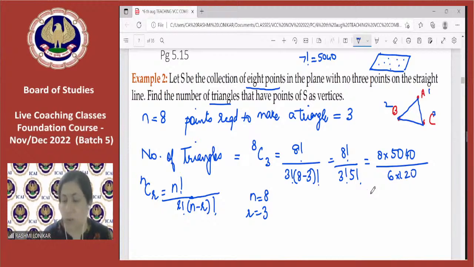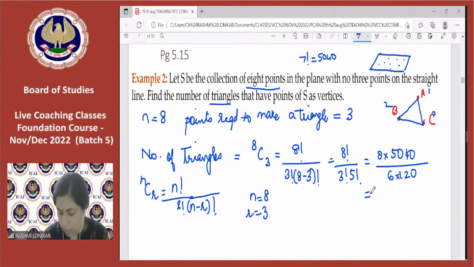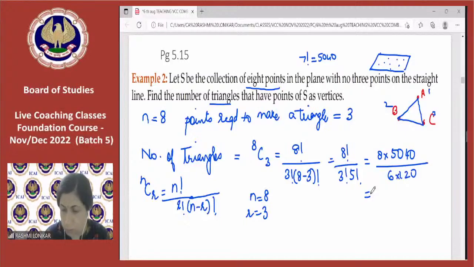So this is equal to 8 into 5040 divided by 120 divided by 6. Answer is 56. So you can form 56 triangles when using 8 points in a given plane.